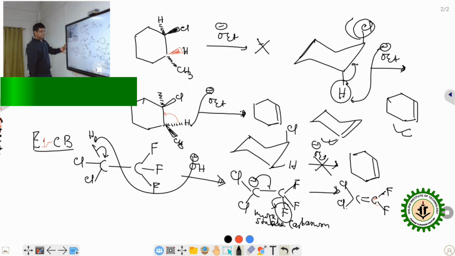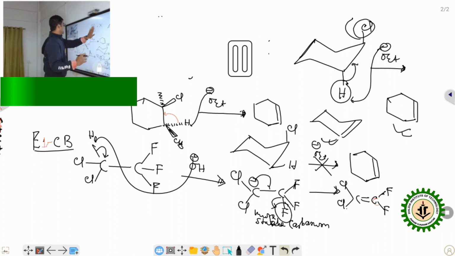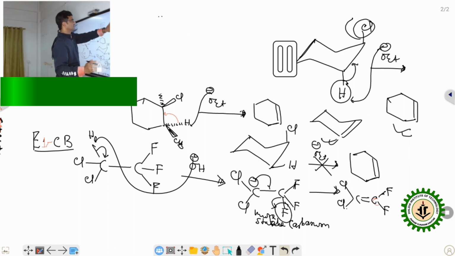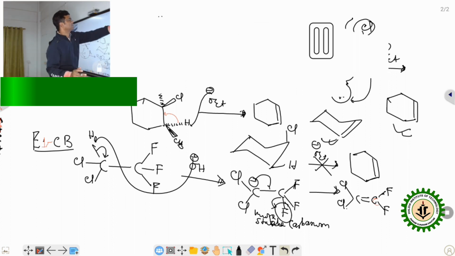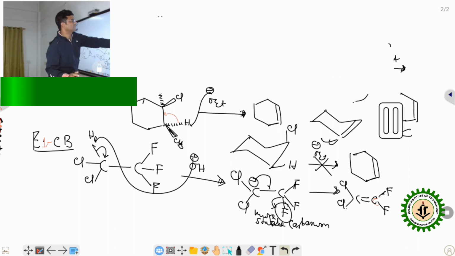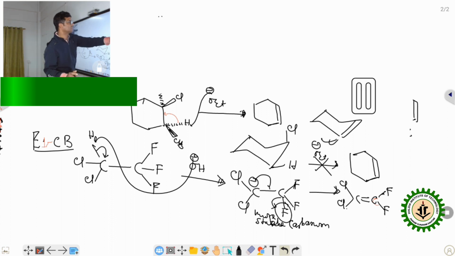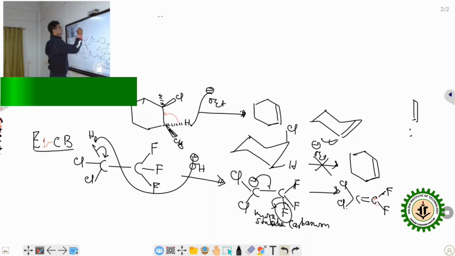Now in this reaction, the rate can also be expressed like an E2 type reaction, from the kinetic aspect: the rate depends on both the concentration of the alkyl halide as well as the base. But how can we distinguish E1Cb and E2?